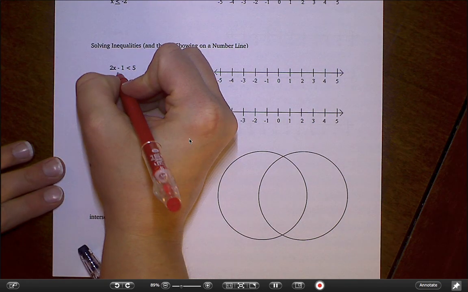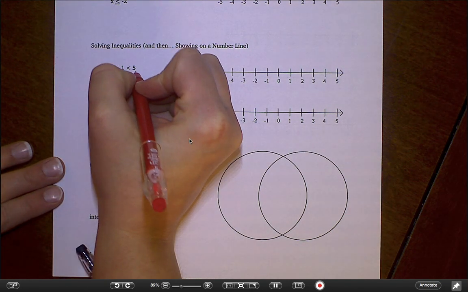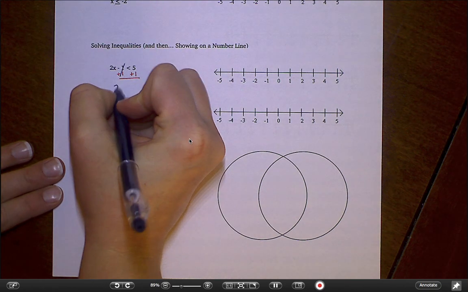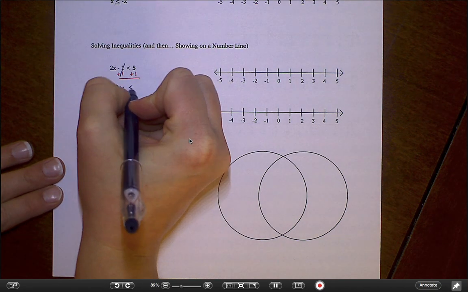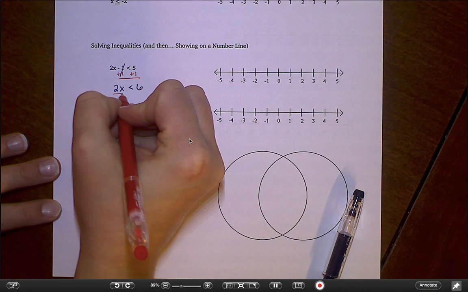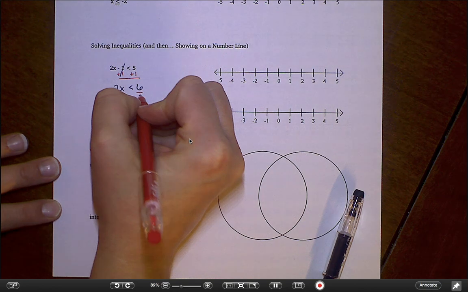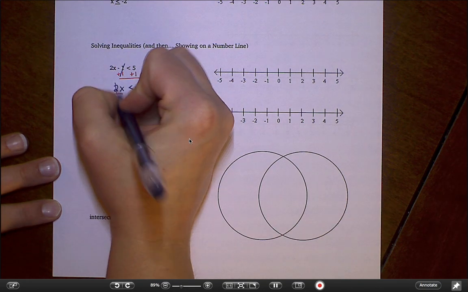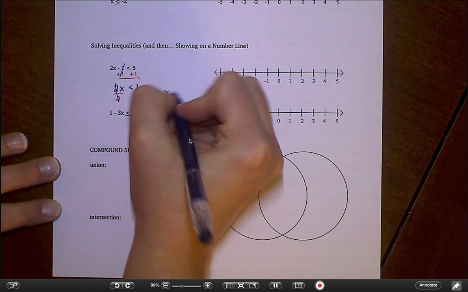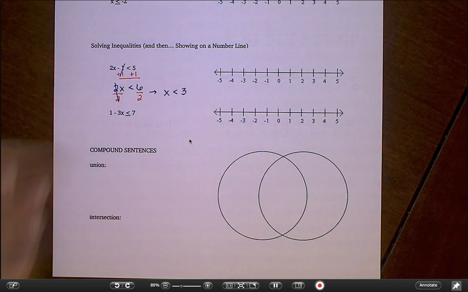I'm going to say +1 and +1, and that leaves me with 2x is less than 6. And then I'm going to divide by 2 and divide by 2. And I end up with x is less than 3.